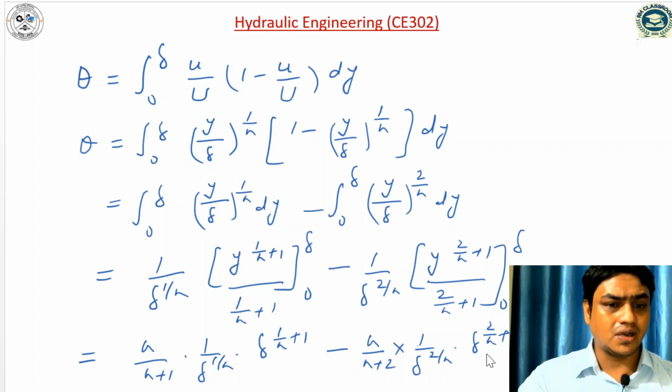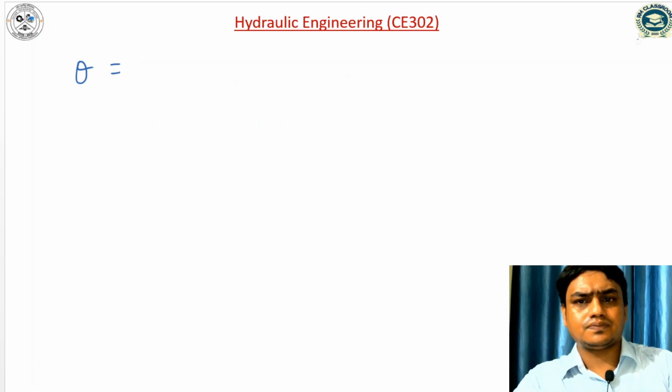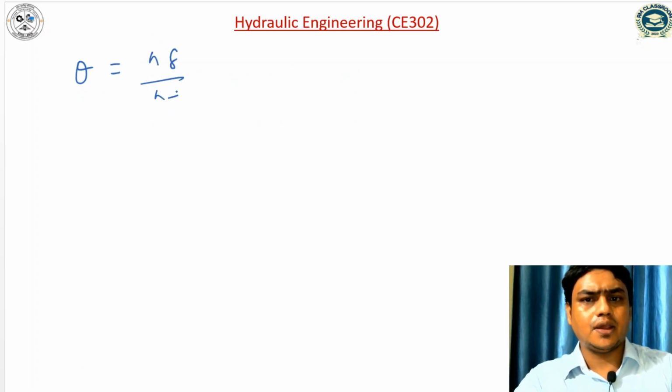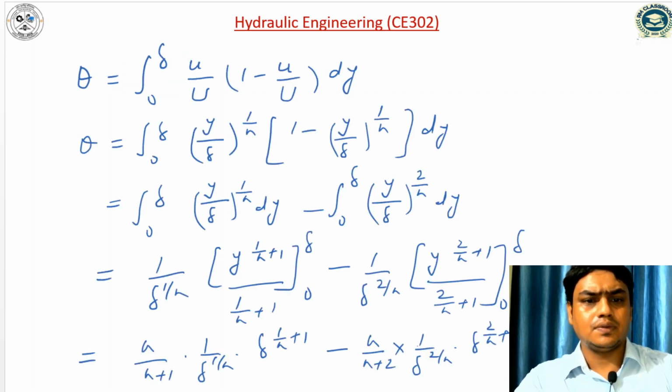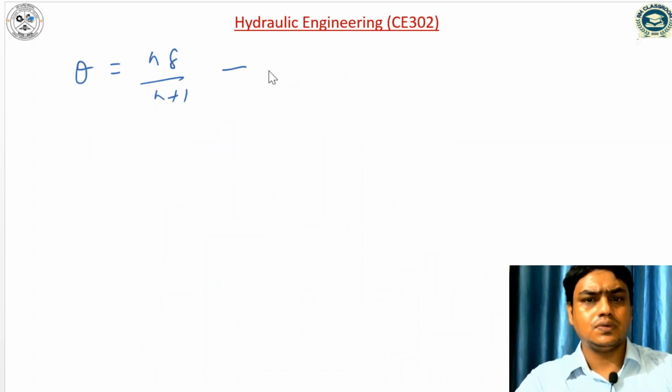So with that concept, we can write delta to the power 2 by n into delta. Delta cancels out. So we can write n delta divided by n plus 1 minus n delta by n plus 2.